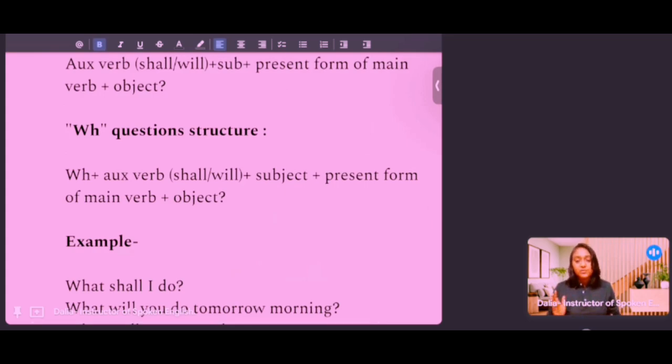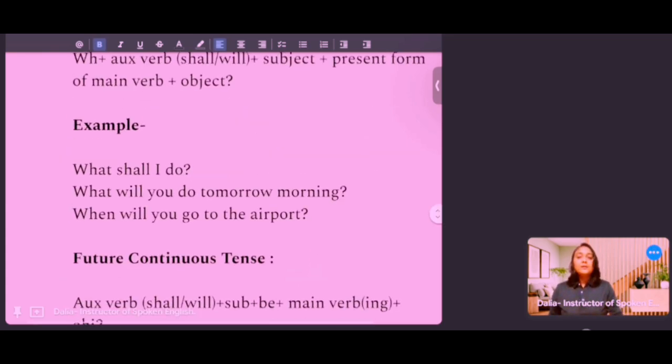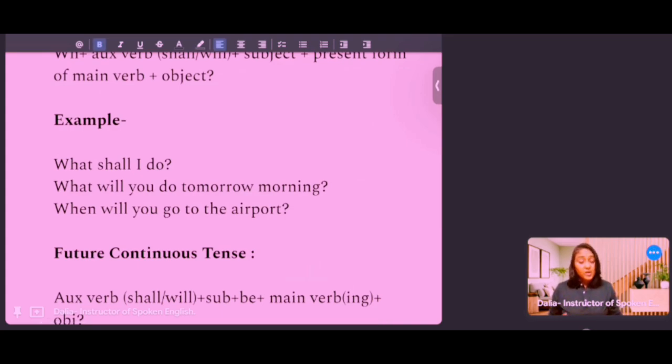First the WH word, plus the auxiliary verb shall or will according to the subject, plus the present form of the main verb, plus the object or the rest of the sentence. Okay, clear? Now look at the examples. What shall I do? What will you do tomorrow morning? When will you go to the airport? Okay, clear? It's very easy.